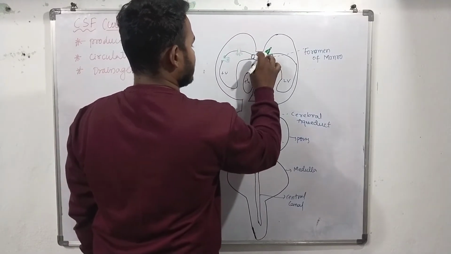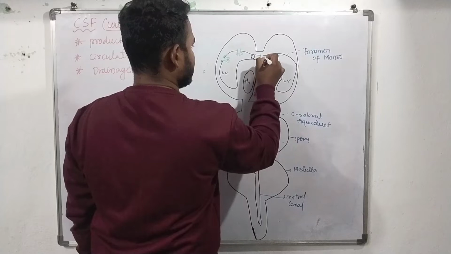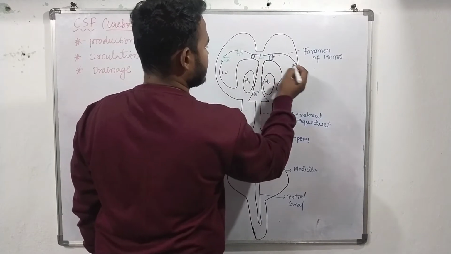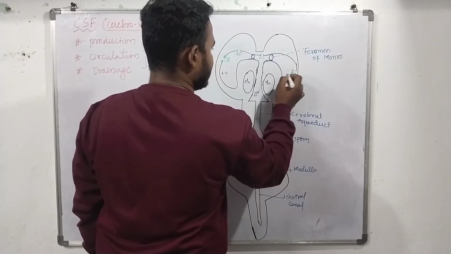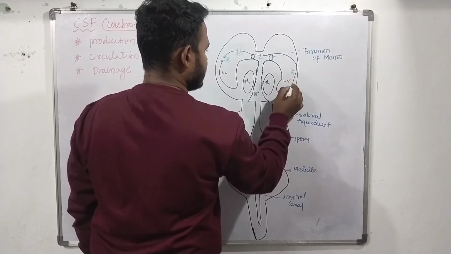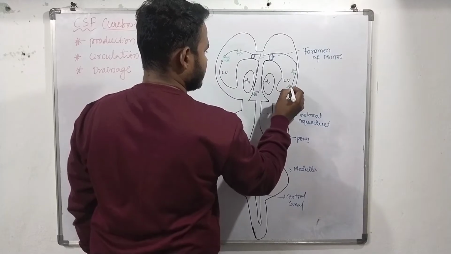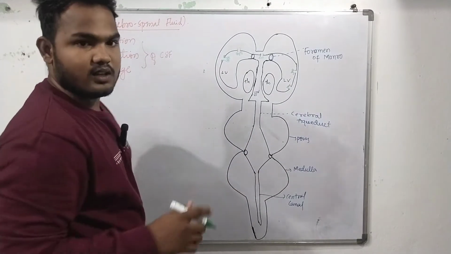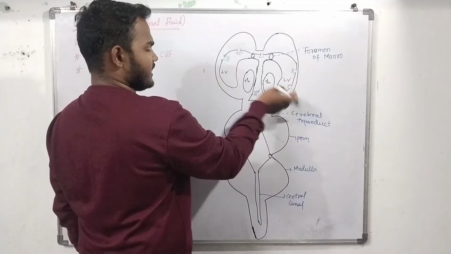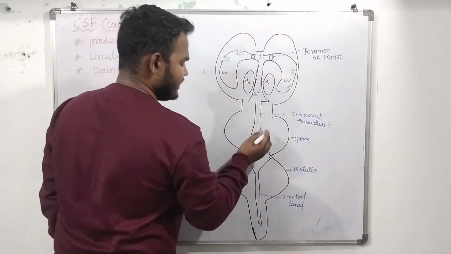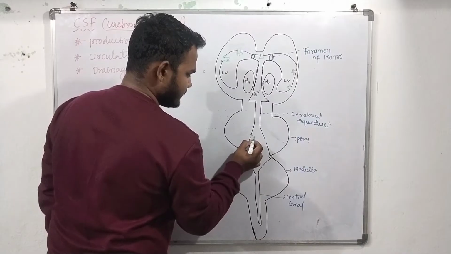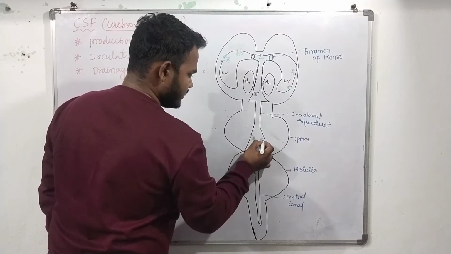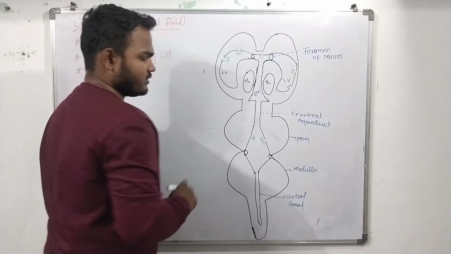These are the choroid plexus which are present on the roof of the third ventricle and on each side of the lateral ventricle. Some of the choroid plexus are present in the fourth ventricle as well.